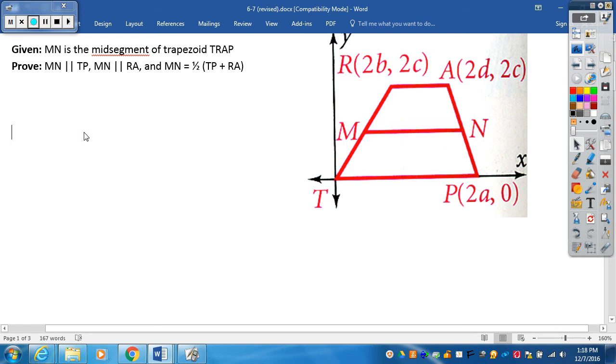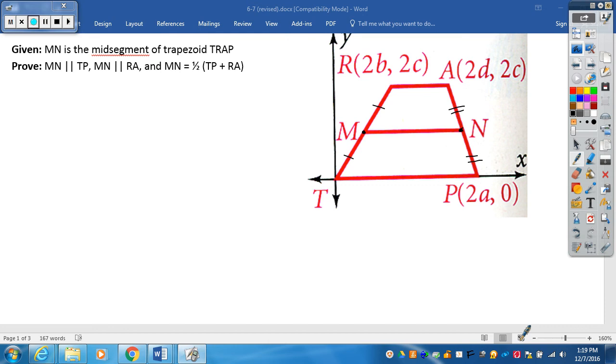That's what it says right here, that this mid-segment is parallel to both bases here, and that the length of the mid-segment is half the sum of both bases, or basically the average of both bases. And so what I want to do first is I want to make sure that I understand that this is a mid-segment. So remember, a mid-segment is a segment that joins the midpoints of two sides of a figure. So I'm going to go ahead and label that just like that.